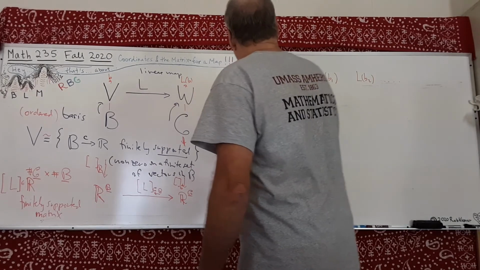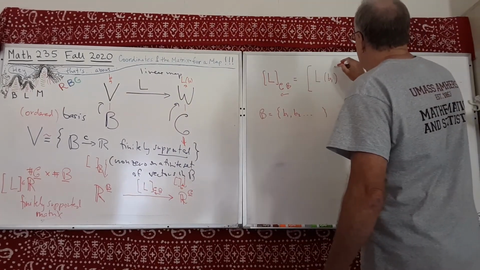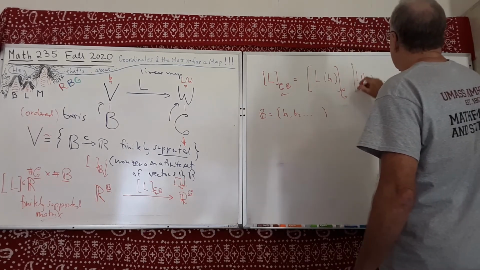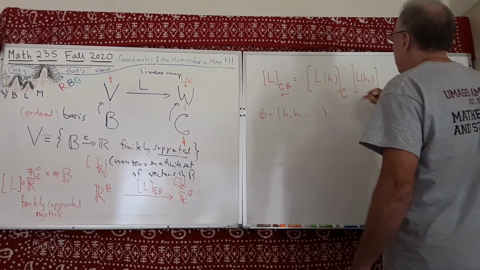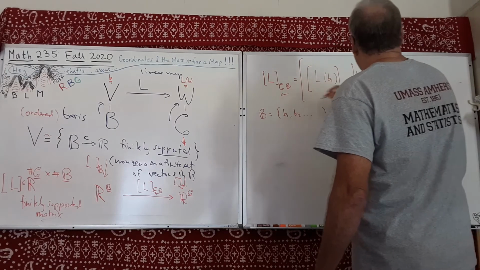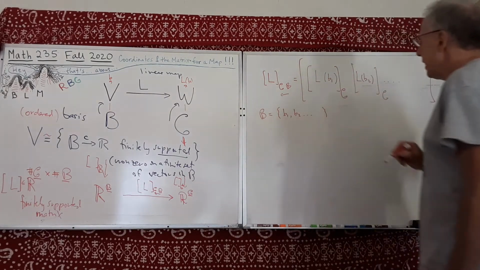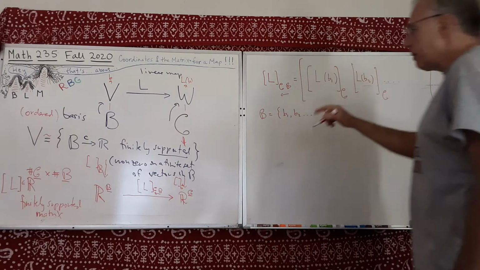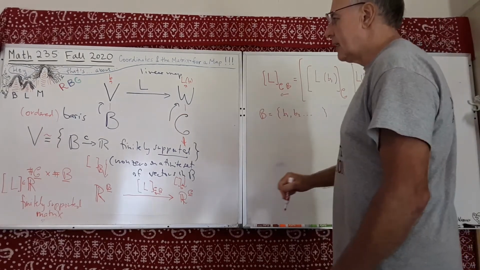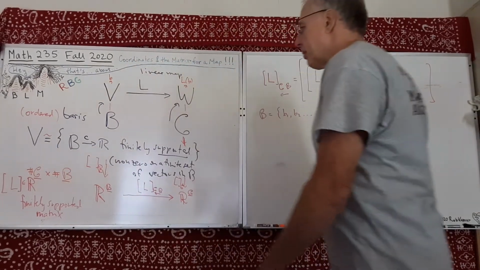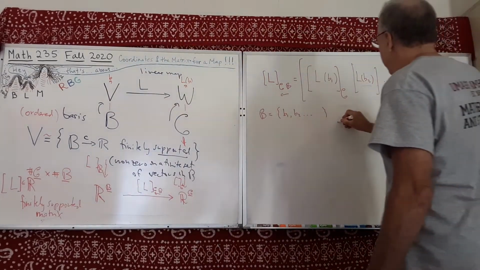Lives here. And I simply take the coordinates with respect to the basis C here. And those become the columns of the matrix. Okay, so I go through that. And this gives me a matrix, as I said, in the number of elements in C and the number of elements in B, that product there. So this is the matrix.